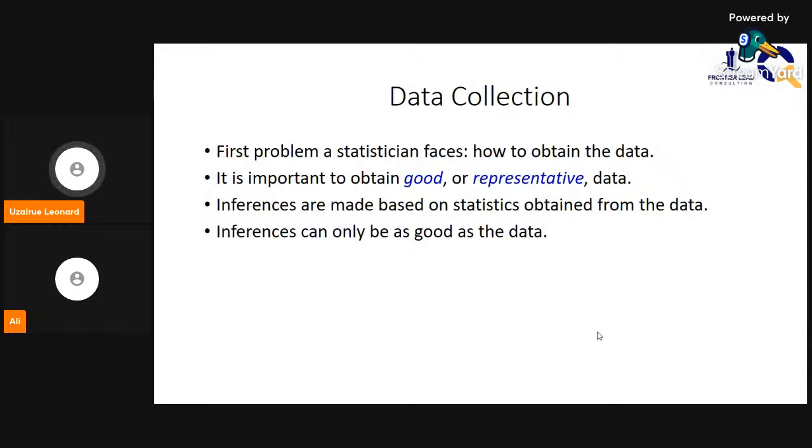Now, the reason why it's important is that it is also important to obtain good and representative data. What we are saying in essence is, having determined what data you want to collect, you must make sure that the data you are collecting is good and representative.